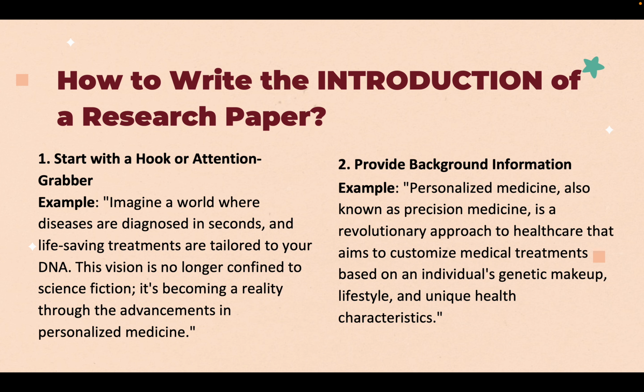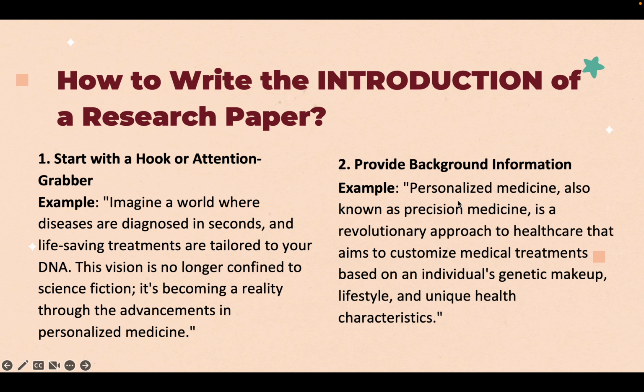Let us proceed with the background information. So, after the hook, we will provide background information on the general topic or field of study. So, what is the purpose of this background information? It will help our readers and set the context for your specific research.